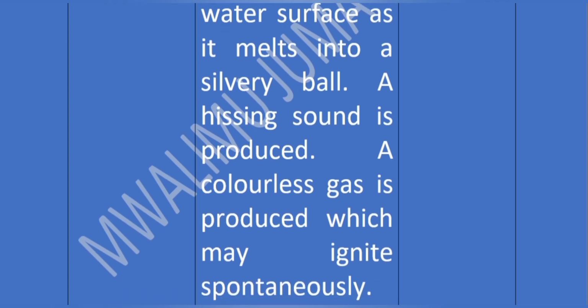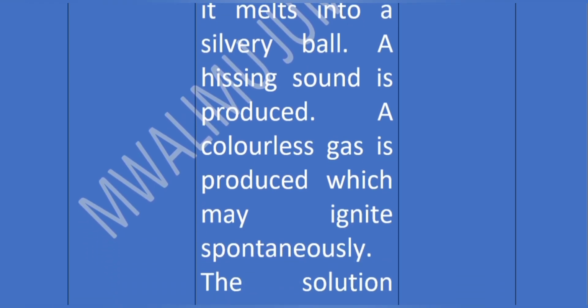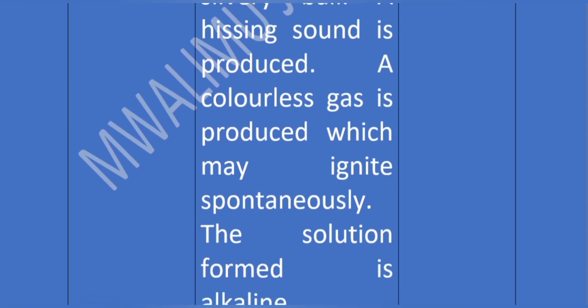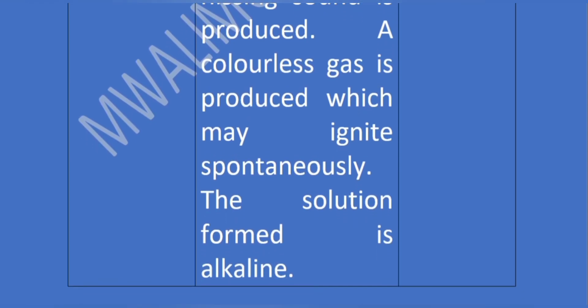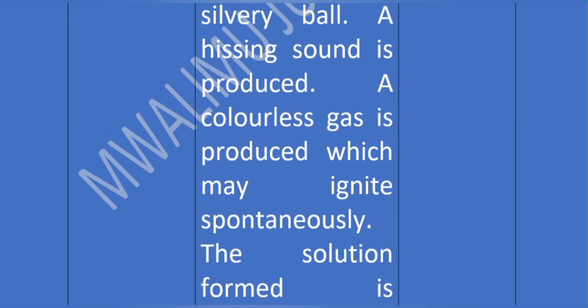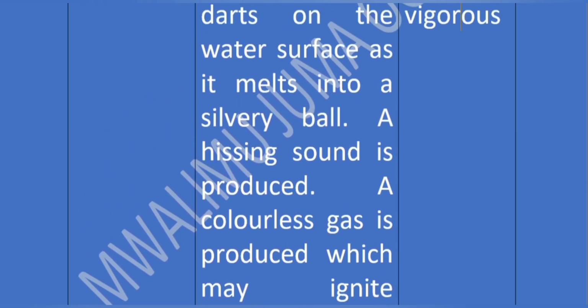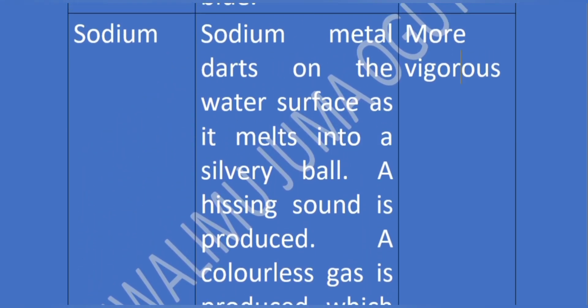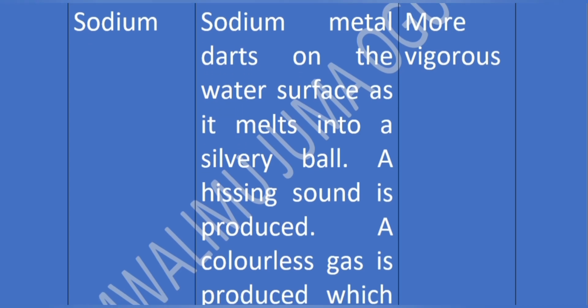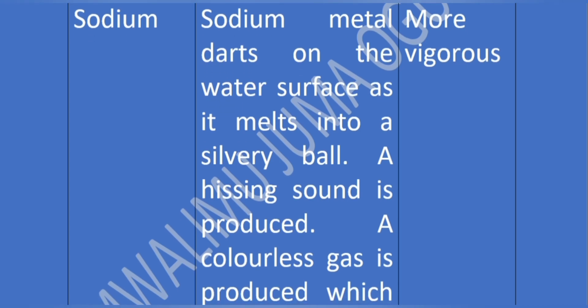Now sodium metal sits on the water surface as it melts into a silvery ball. A hissing sound is produced. A colorless gas is produced, which may ignite spontaneously, and the solution formed is alkaline, which also means that red litmus paper turns blue.